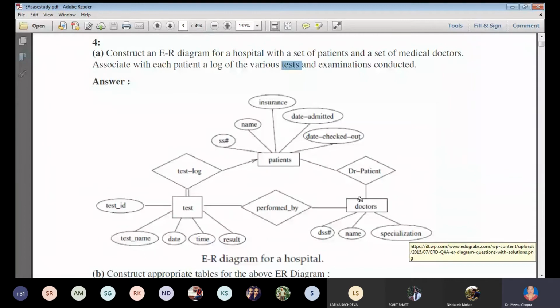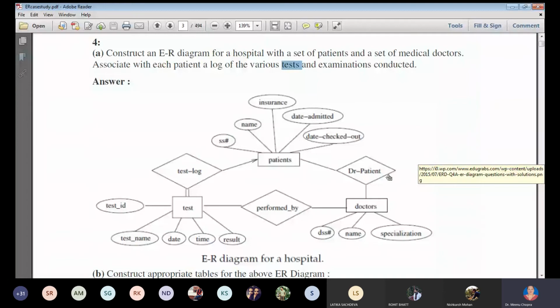Similarly, the patient and doctor relationship is also there. This relationship also has attributes. Just as doctors have their own attributes and patients have their own attributes, similarly the doctor-patient relationship also has them, like prescription is there, medicine recommended is there, any test recommended is there. So all the data about this doctor and patient relationship also has attributes.